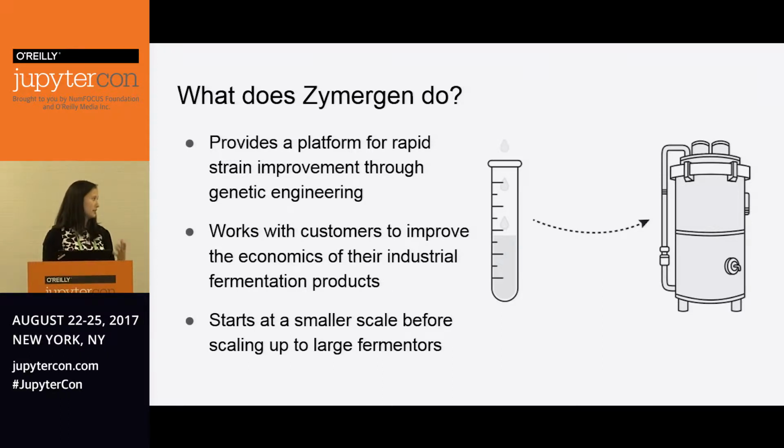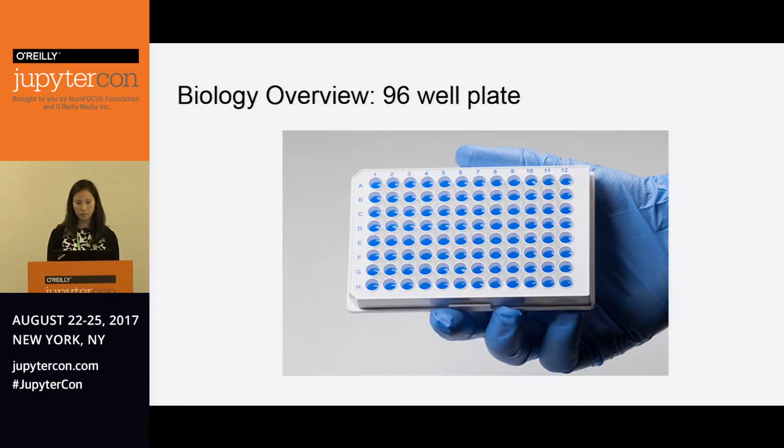We might start in something like a tube here, or a 96-well plate here. If you've worked in biology, you'll know that 96-well plates are where we do a bunch of our research and where we test our strains. These might have a milliliter of liquid in them, probably less, and they're what we use to do our testing.